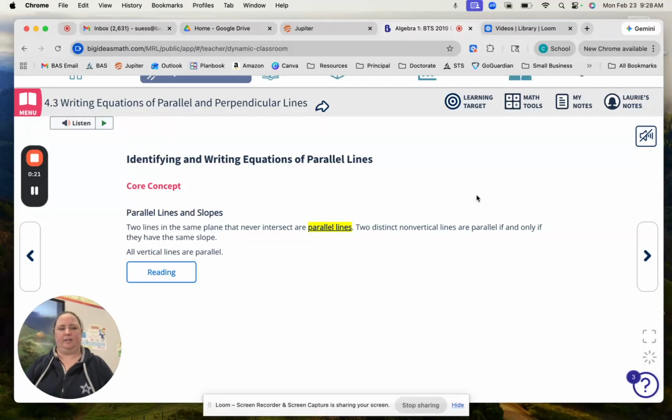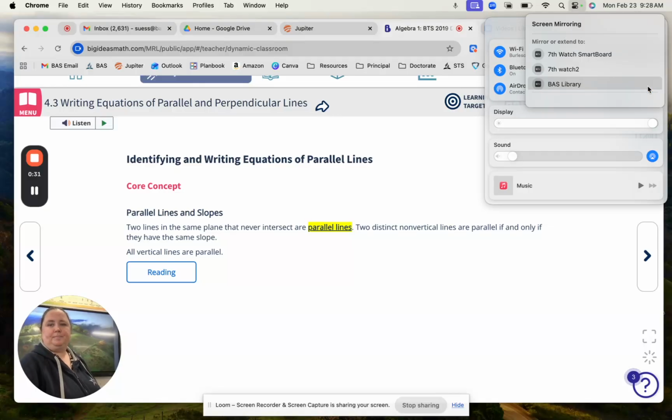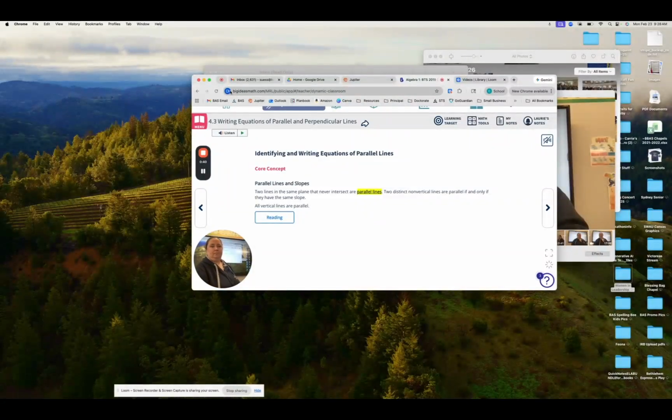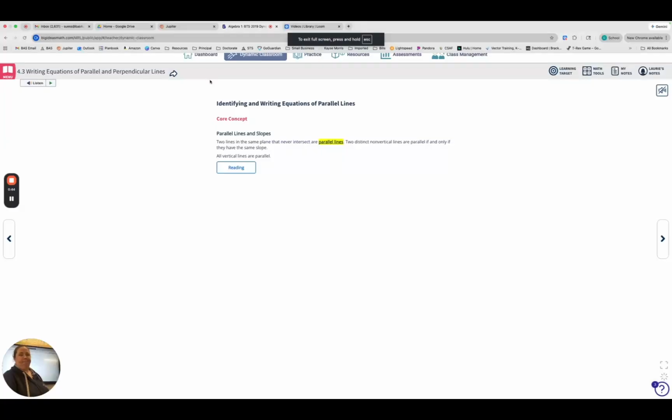I kind of liked it way over here. Let me put it back over here. Yes, ma'am. So perpendicular, you told us it's a right angle. Is that a 90-degree angle? Yes. If you search it up again, it's a 90-degree. Same thing. Oh, that's so tiny.